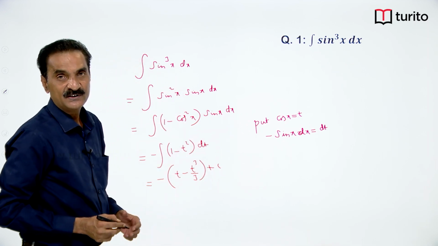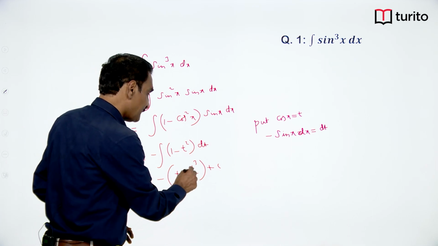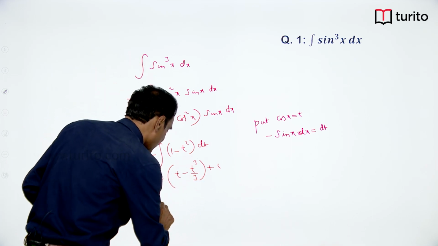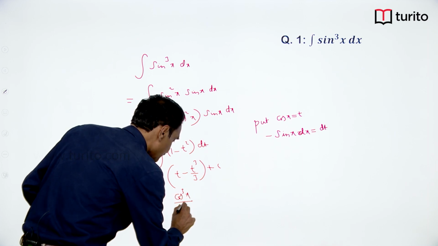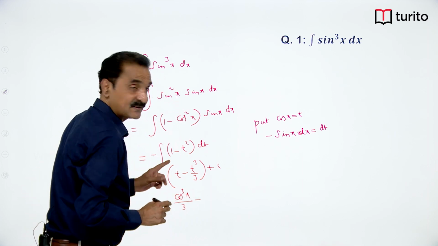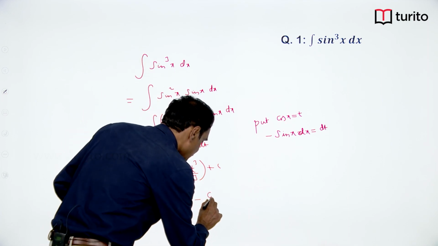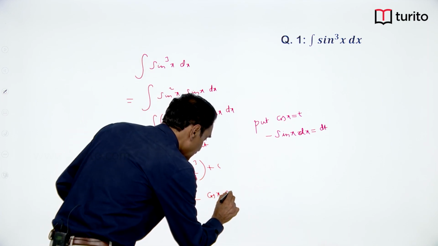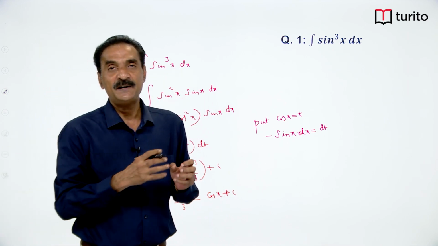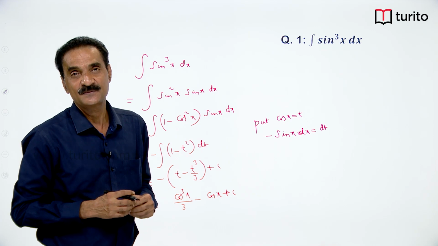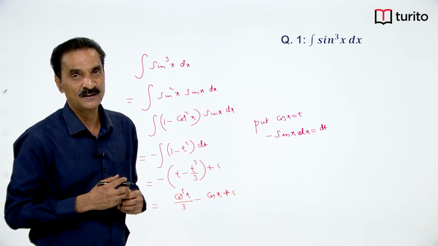And now substitute t equal to cos x. Minus of minus is plus, second term is plus, so I will write cos cube x by 3 minus cos x plus c. This is the method of finding the integral of sin cube x by the substitution method.